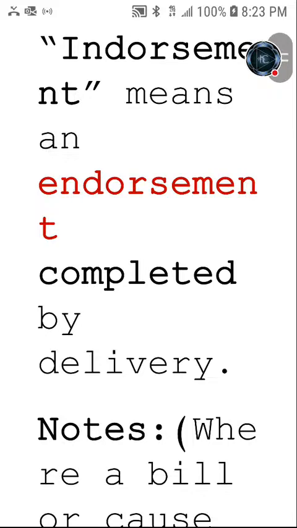Wow, you see that? Endorsement means an endorsement completed by delivery. So it changed from an endorsement to an indorsement.